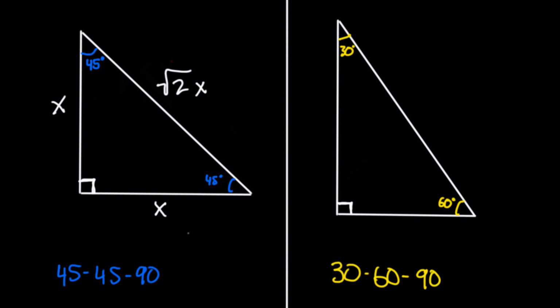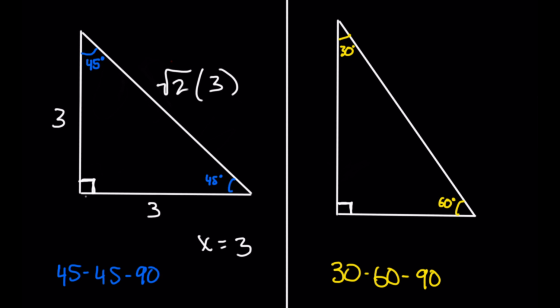So let's say x equals 3. Both of the legs are 3. The question probably won't say x equals 3, but rather that one of the legs equals 3. So we can erase x and put 3 there, because it's really the length.